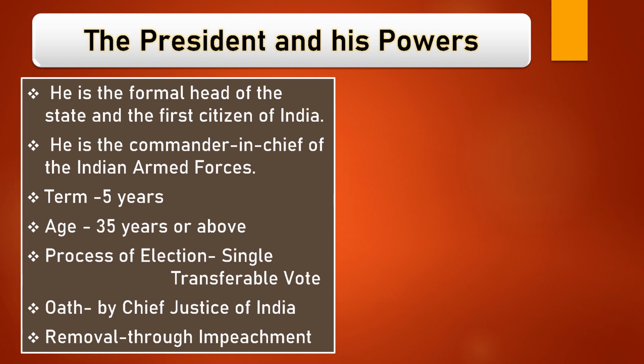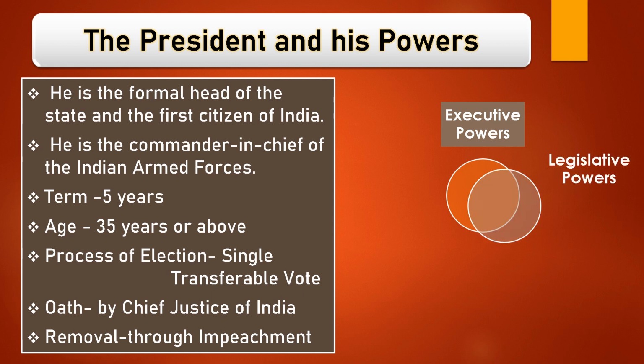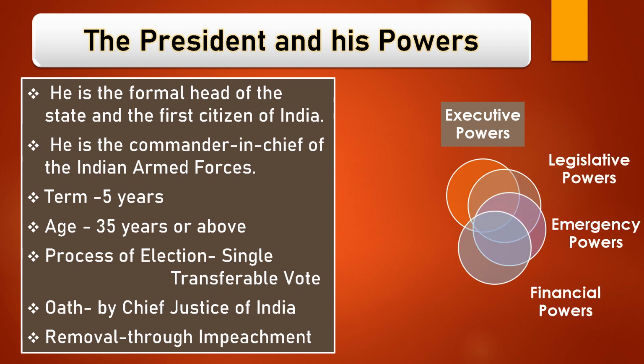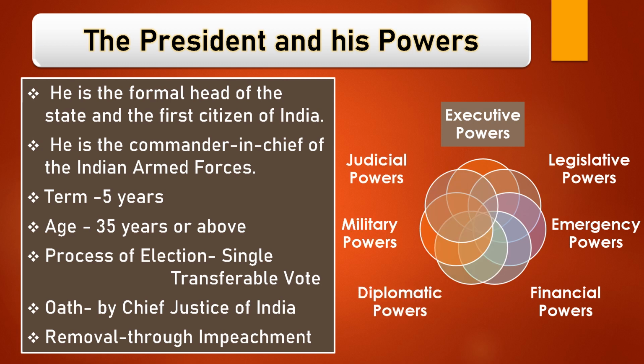So in our country India, the President has the supreme power and about his powers, let us understand. He has executive powers, legislative powers, emergency powers, financial powers, diplomatic powers, military powers and judicial powers.